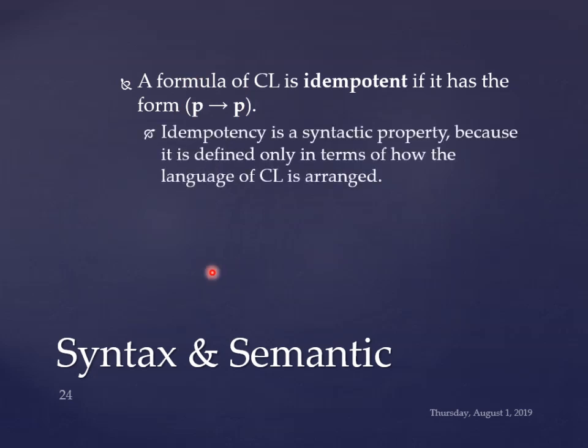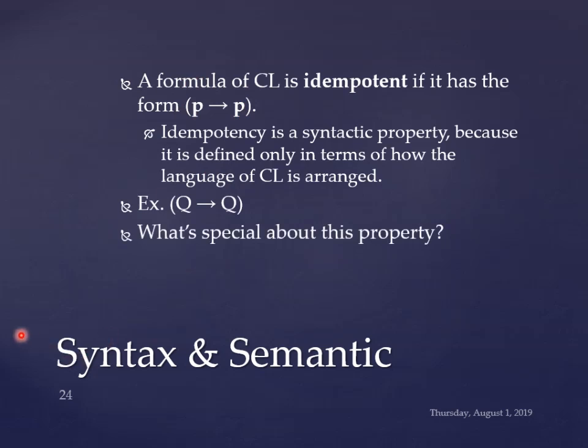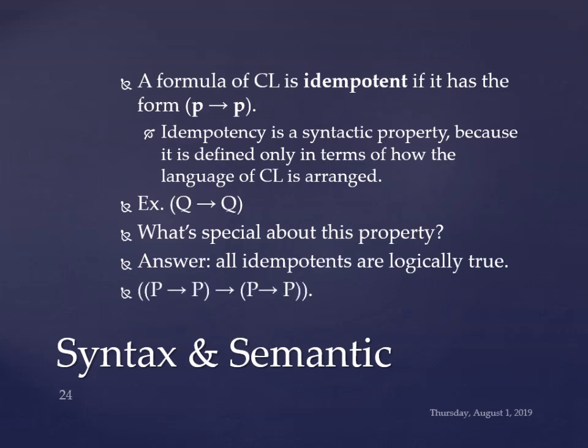Now, it's a syntactic property because it's only defined in terms of how things are arranged. So, for example, Q arrow Q is an idempotent. Why is that special? Why do we care? The thing is that it represents logical truths. All idempotents are logically true. Here is the main connective, and here's the antecedent, which is identical with the consequent.